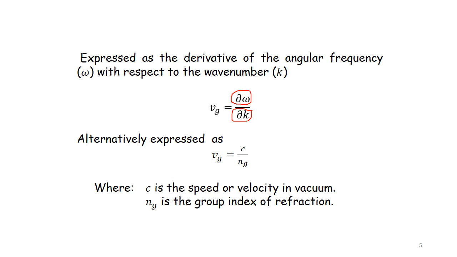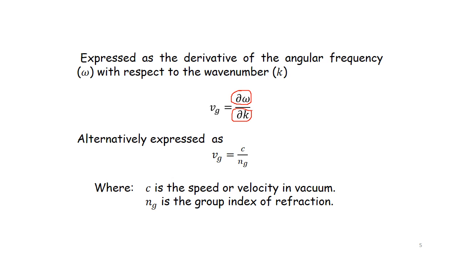So for example, if you have two waves, group velocity is just differentiating the angular frequency of these two waves and dividing by the difference between the wave numbers. Although it's not usually as straightforward as that, so we see further expression.